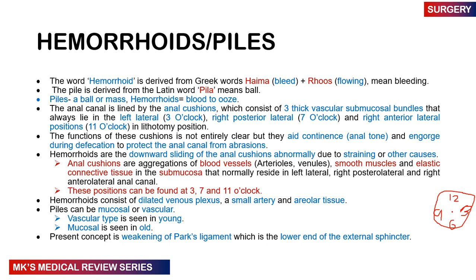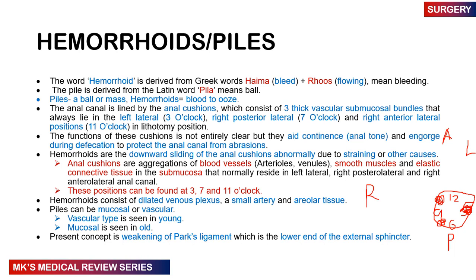So 3 o'clock is your left lateral position, because this will be the left side and this will be the right side. Then 7 o'clock is the right posterior position, because this is the posterior aspect and this is the anterior aspect on top. And then also the right anterior lateral, which is 11 o'clock. So these are the positions where you get these anal cushions.